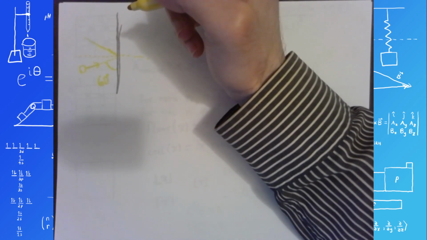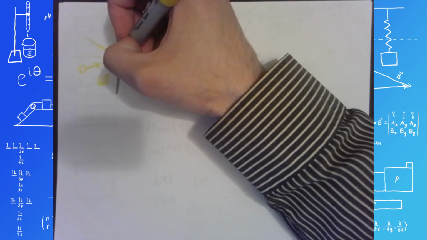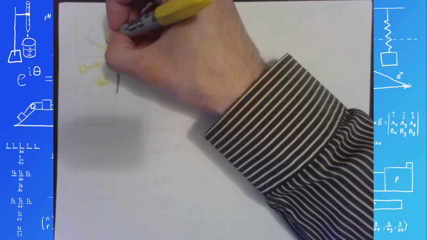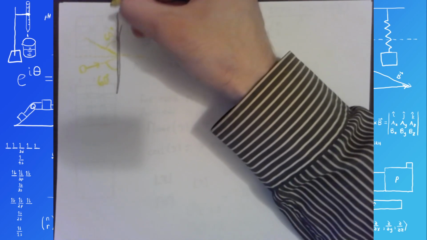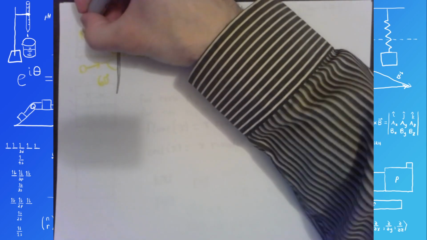Anyway, the ball goes in at a speed of 10 meters per second, bounces back off at a speed of 10 meters per second, and also at a 60-degree angle there. I think I drew that arrow wrong. It's tilted a little bit too high up, but you get what this is supposed to represent.